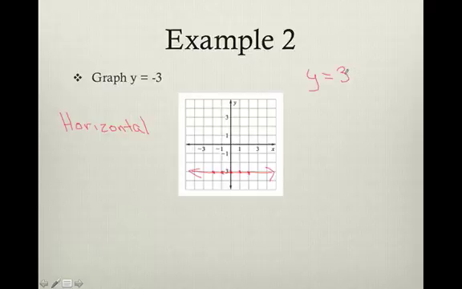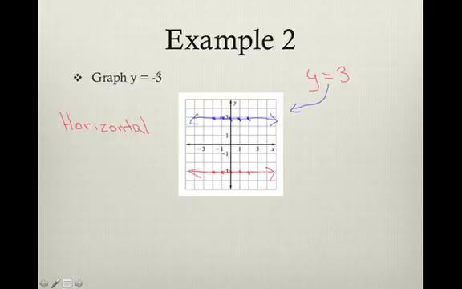The same thing if I had put plus 0x there, and I plug in a 1 for my x, I would get a 3. If I plug in a 2, I would get a 3. If I plugged in a 0, I would get a 3, and so on and so on. This produces a horizontal line. It crosses the y-axis at 3. So that's the graph of that one.